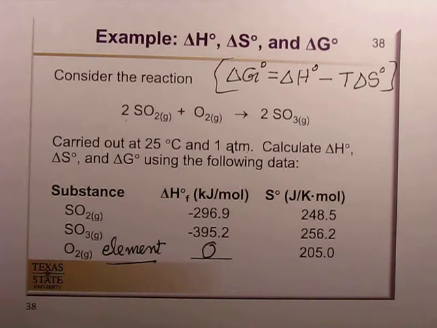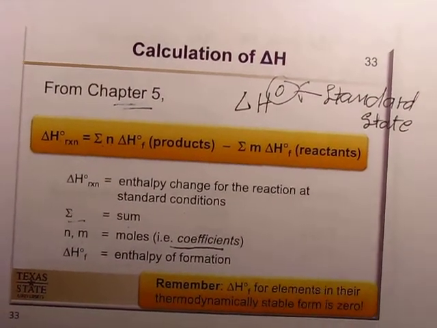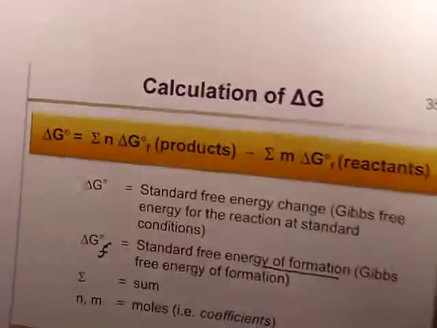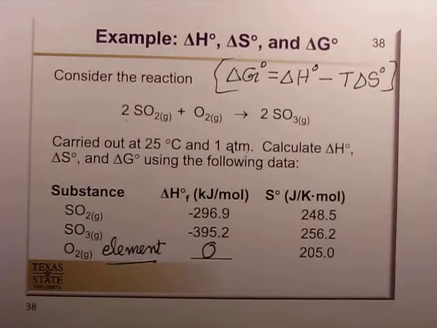Another set of formulas we were using: for delta H formation, product minus reactant; for delta S, product minus reactant; and for delta G, product minus reactant. These are the formulas we are going to use here.